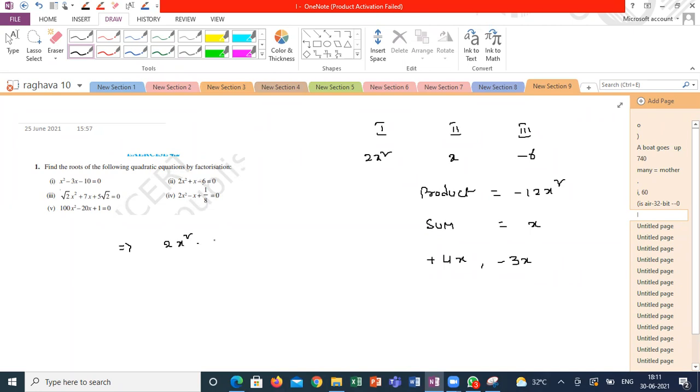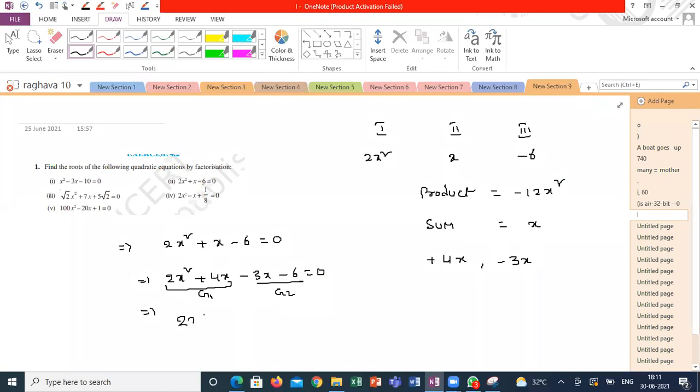2x square plus x minus 6 is equal to 0 can be written as 2x square plus 4x minus 3x minus 6 is equal to 0. If I am factorizing, that means I am taking this as group 1 and this as group 2.